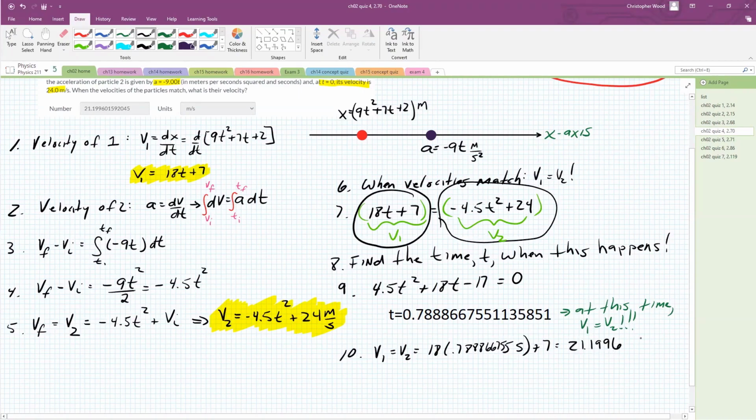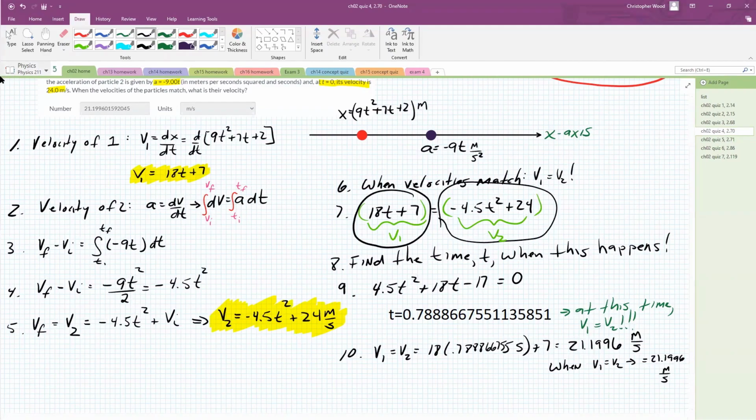That's the answer, meters per second. And this is the answer. When V1 equals V2, they both equal 21.1996 meters per second.